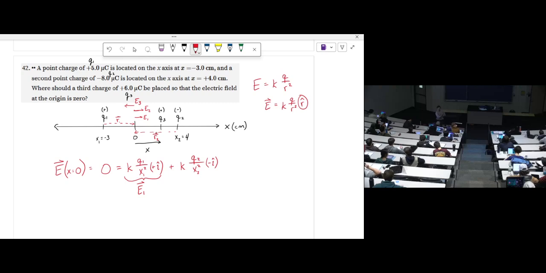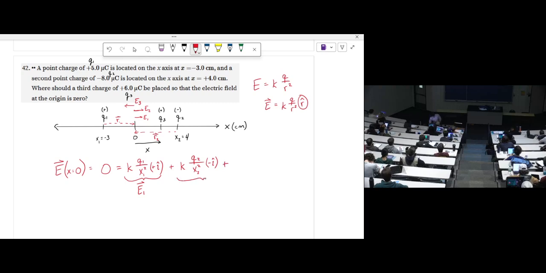Well, we said that the electric field was to the right, but according to this right here, that would tell me that the electric field is to the left. What gives? Q2 is negative, so a negative times a negative is going to flip it back over.